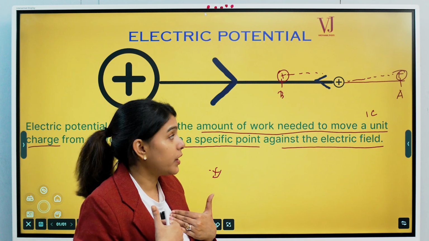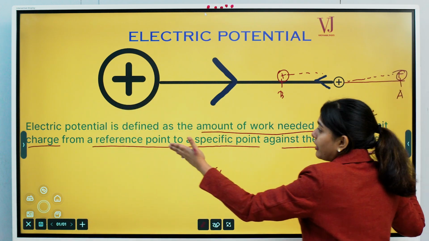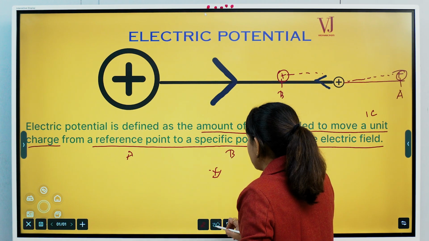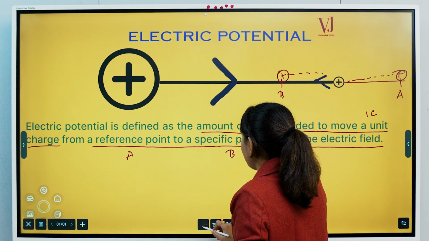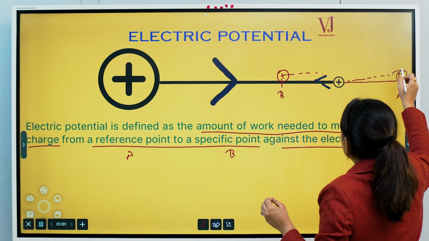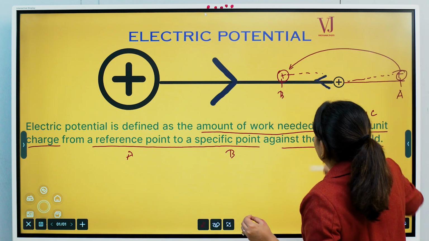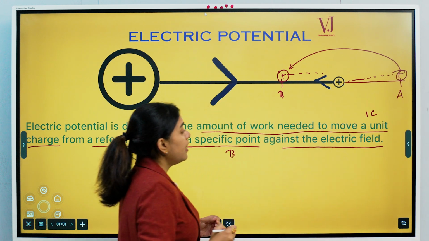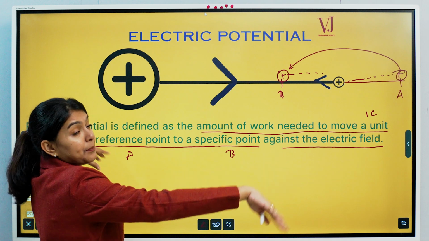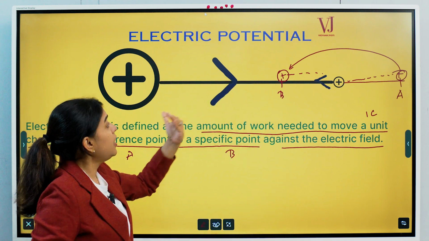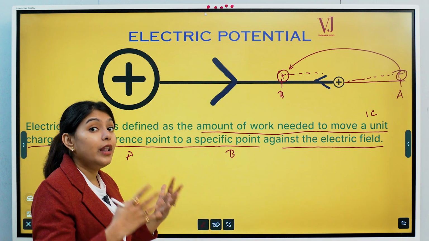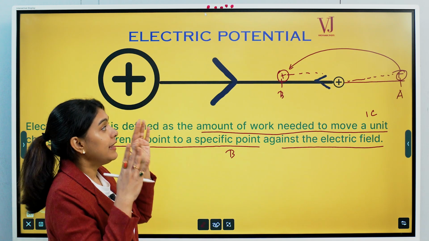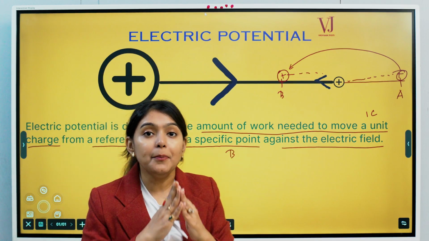From a reference point, let's say A is the reference point and the specific point is B. From A to B, I have tried to bring this unit charged particle against the electric field. This charged particle says don't come, but since I am bringing it against the will of both, and this one dominates more because it has more charge, we say yes, we have done some work.